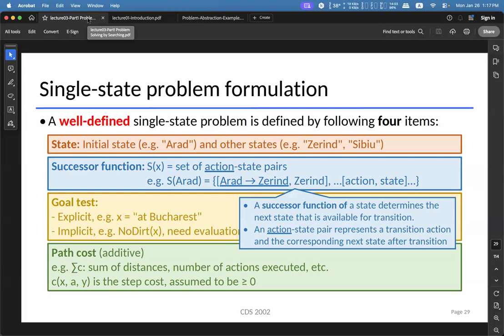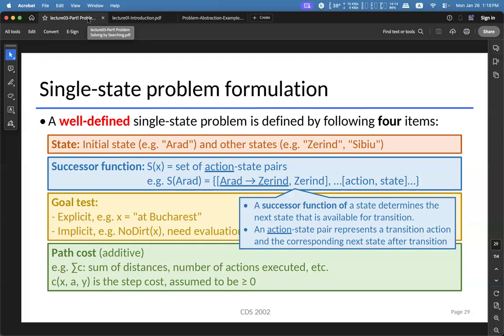And finally, we will also need to define the path cost. Essentially, for all the actions available in the successor function, we will also need to define their cost as well. The cost can be something you hard code, you just assign to it, or you may want to do computation to figure out the step cost for each step.